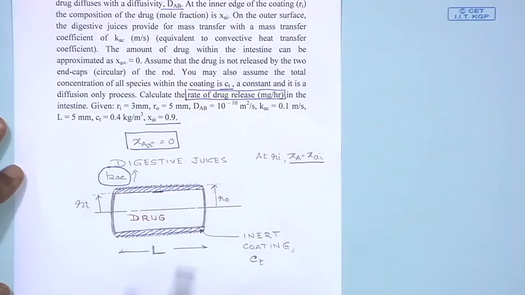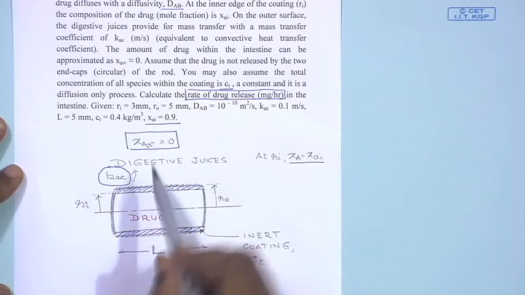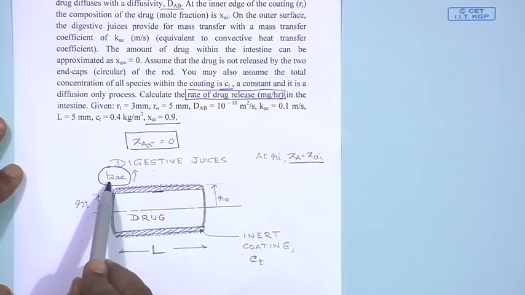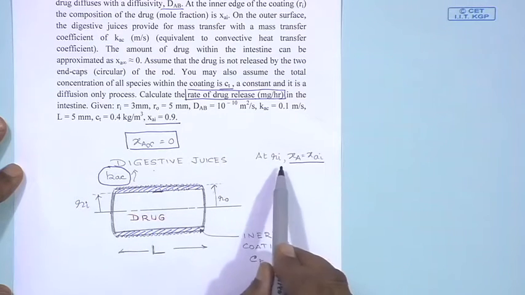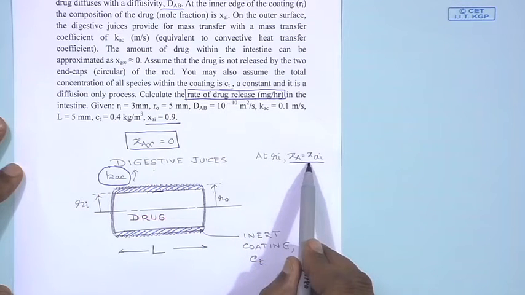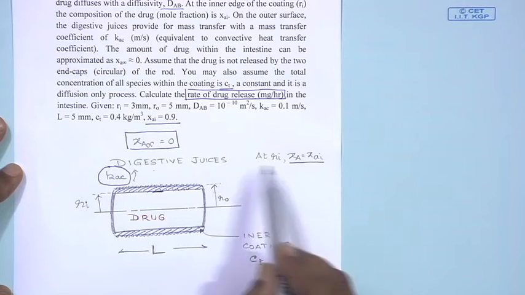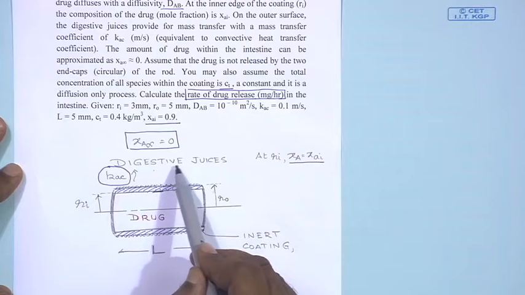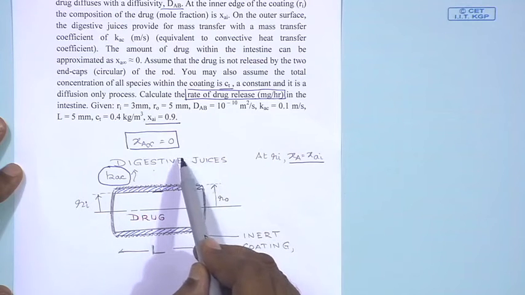I hope the figure is self explanatory. We have the drug, the coating, and the outside where we have the digestive juices and the convective coefficient. The boundary conditions provided are, at the inner core, the mole fraction is provided, and at a point far from the drug, the concentration of the drug in the digestive juices would be equal to 0.